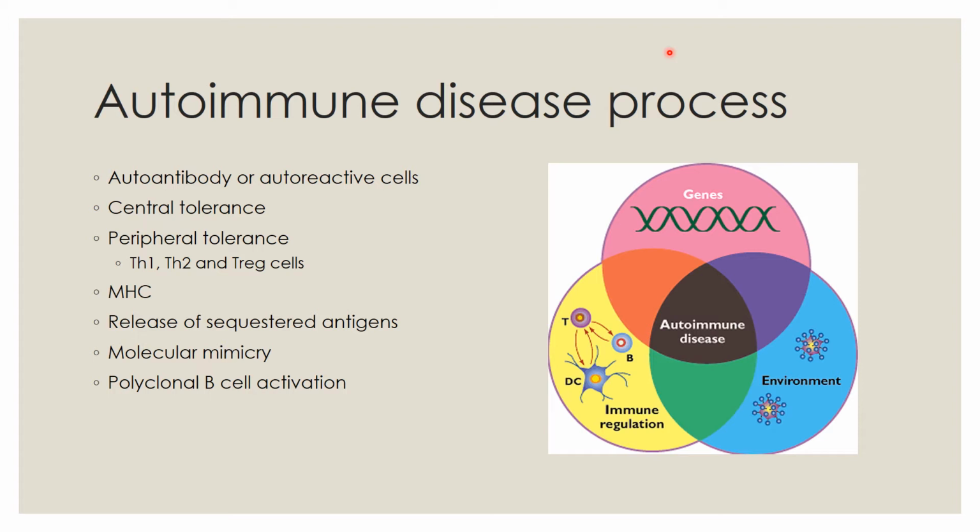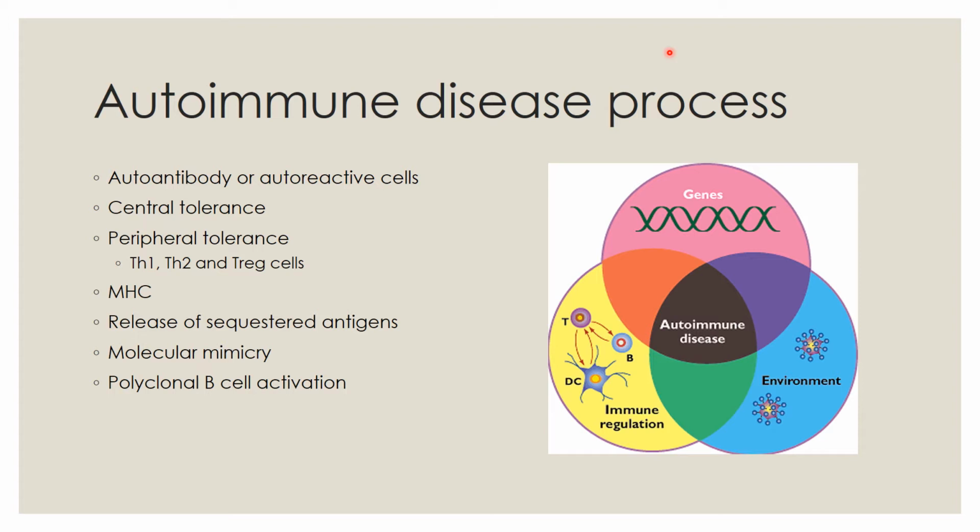As they have gone through and studied autoimmune diseases, they have found that there are certain MHC types, meaning certain HLA sequences, HLA types, that are much more common, much more associated, I should say, with certain autoimmune disease processes.